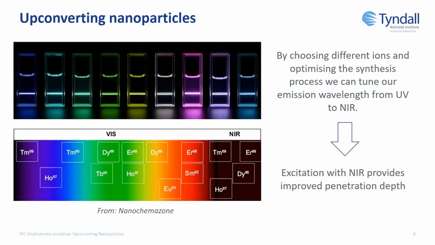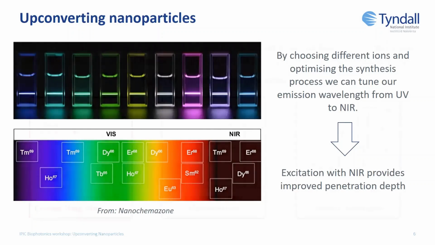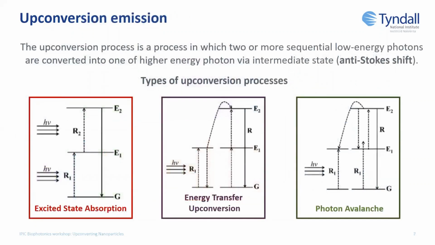So for example, in biophotonic applications, what we really like is working with near infrared, because that's our optical window, and that's where we can penetrate deeper. So we would like to use ideally both excitation in near infrared and also emission in near infrared. So how does the upconversion emission actually work?